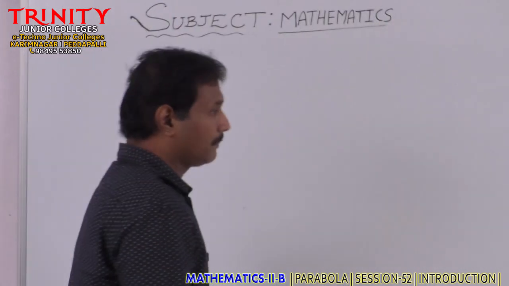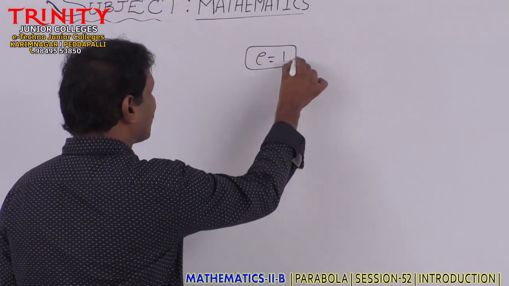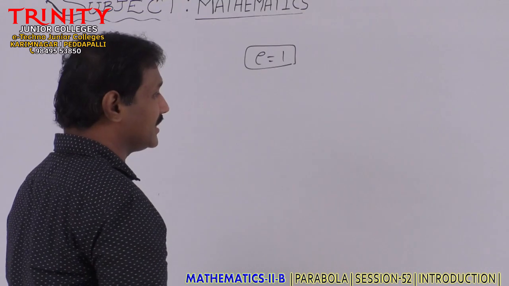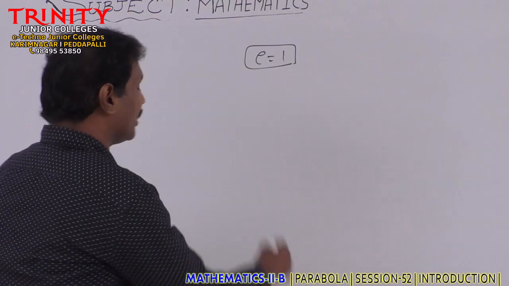The equation of the parabola. We know that for a conic section with eccentricity equal to 1, that means the fixed ratio is equal to 1, the conic becomes a parabola. We substitute e = 1.